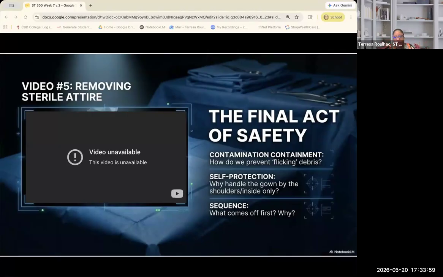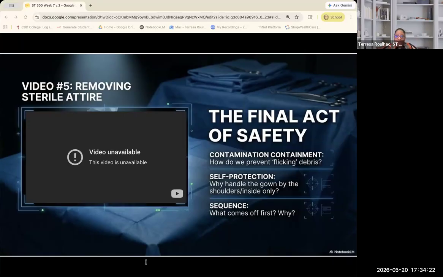Now we have to think about the best way to remove our gown and gloves. There's two ways. Per the book, you are going to pull the waist, because remember, you are tied at the back of your neck and the back of your waist. Just so you know, there's two ties, because you wrap around your waist.